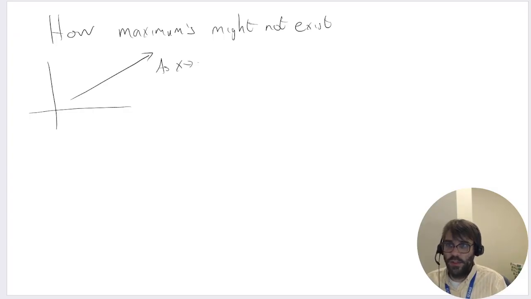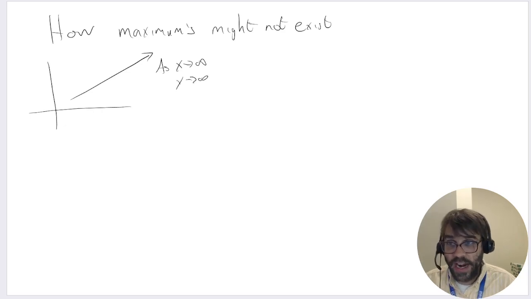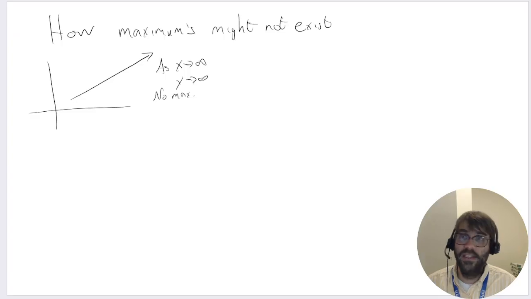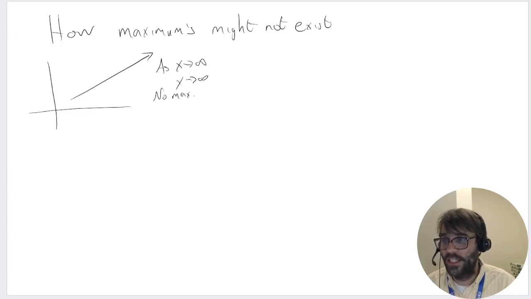As x goes to infinity, y goes to infinity. And so if x goes to infinity, you might not have a maximum because your output can also go to infinity. So there's no max. Now, is that a guarantee? No, of course not. Just because x goes to infinity doesn't mean that there won't be a maximum, but it at least gives us a chance.